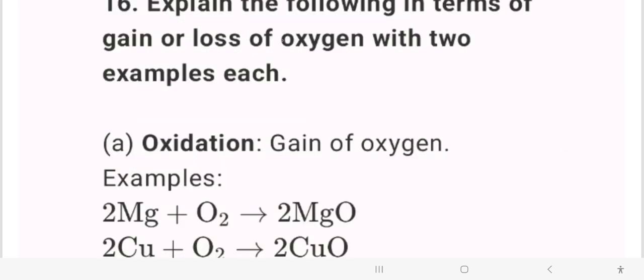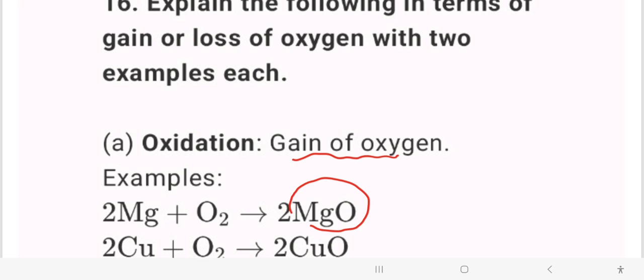Next question. Explain the following in terms of gain or loss of oxygen with two examples. So oxidation and reduction, that they are asking. Oxidation, hope you remember, gain of oxygen is known as oxidation. So examples we can show here: Mg, magnesium, and oxygen, when they both react, magnesium oxide is formed.